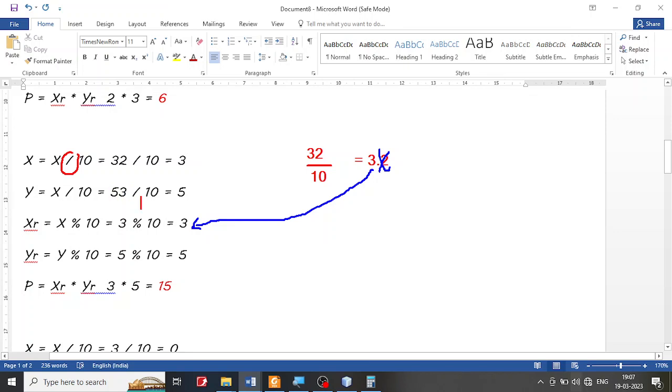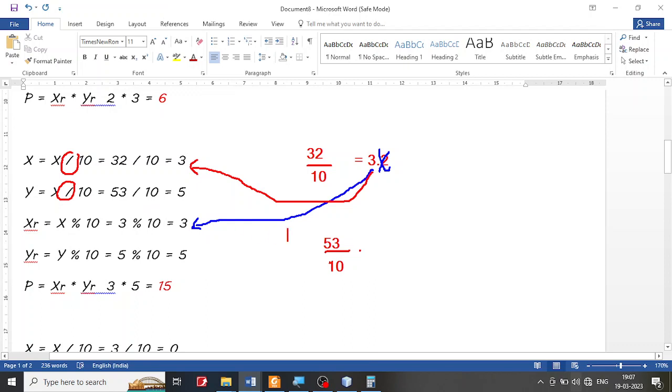In the same way, take the next number, and that is the 53. Sorry, this should have been this 3. Okay, so take this 53 and divide it by 10. This time you are performing the integer division.